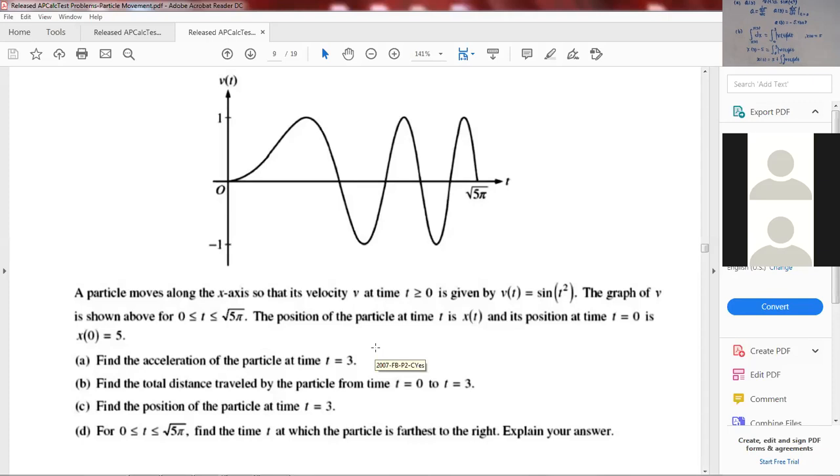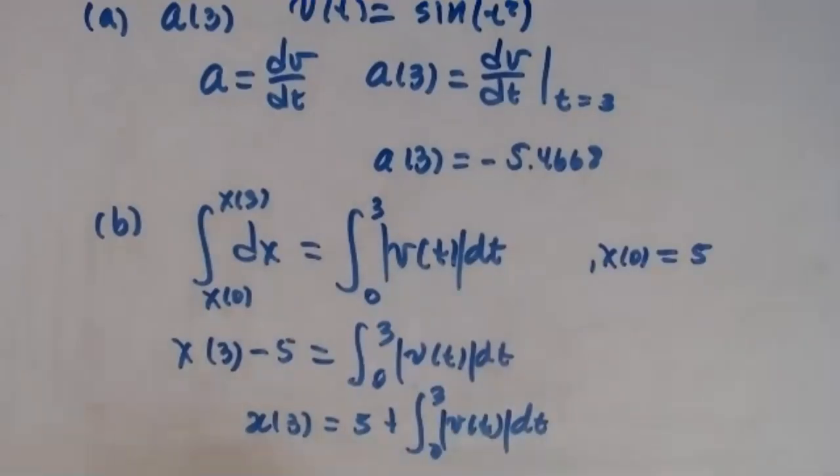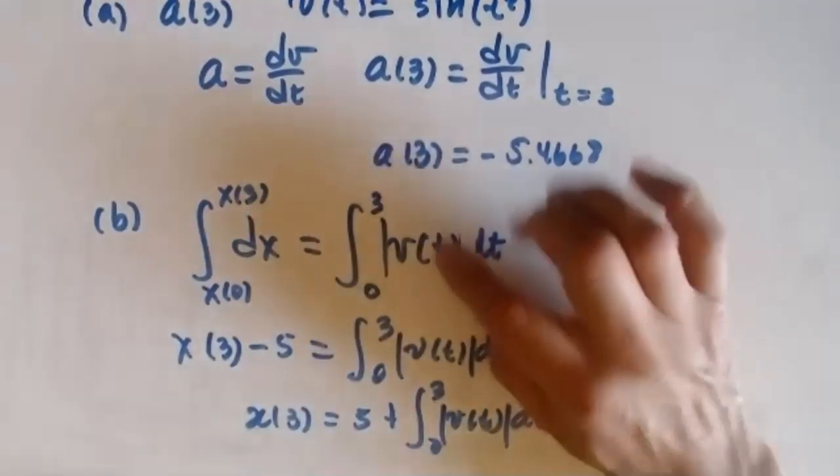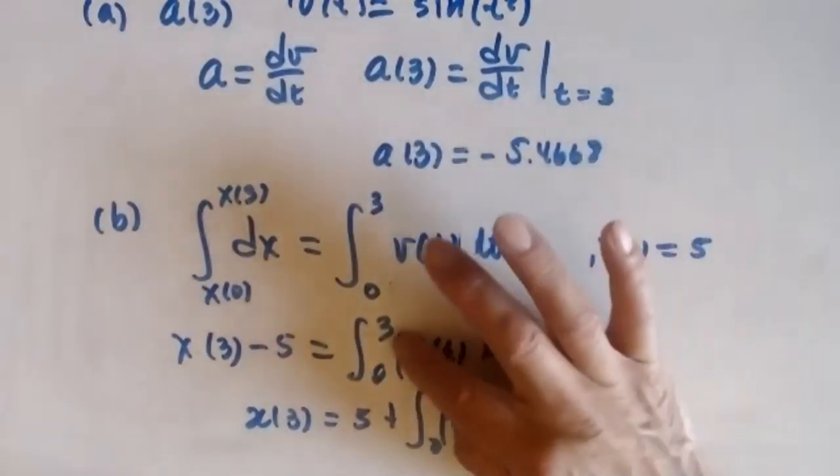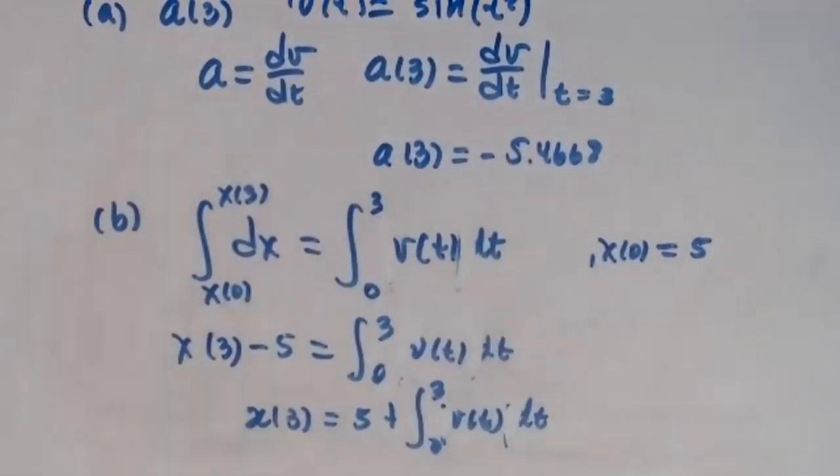Well, let's see. Yeah, x0 is the same one, right? So we use just this one. It's the same integral except that you have no absolute values, right? It's the same equation. Just in the total distance, you put the absolute value. In this, the displacement of the position, you remove the absolute values. You see?